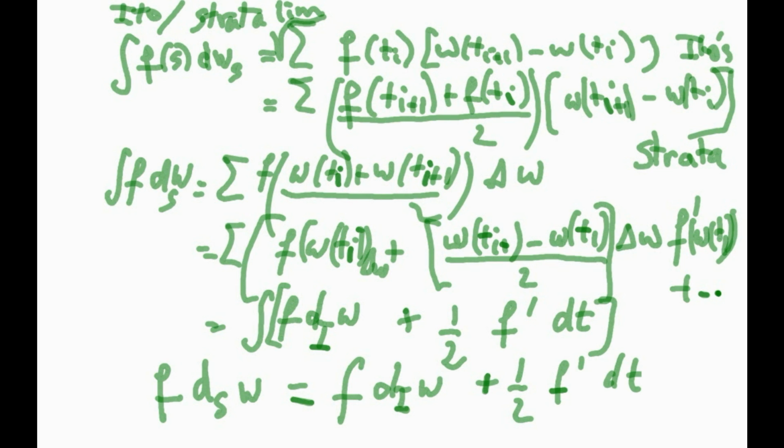So the next thing we would like to study now is what happens for the representation of a stochastic equation. If I have an equation in the Stratonovich form, which is dx equals b dt plus σ d_Stratonovich ω, we would like to see the connection for any function f with the Ito calculus.